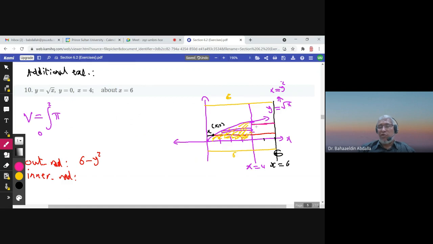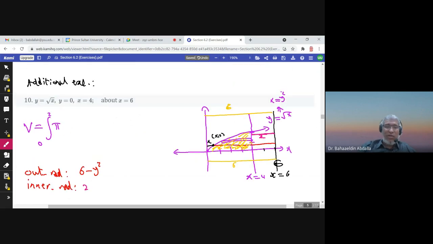We will get a washer. This is the inner radius. Well, it is easy because this is 6 and this is 4 and this is a vertical line. So the inner radius is always 2. It is fixed. It's not a curve that's changing like the square root of x here. So the inner radius is 2 and the outer radius is 6 minus y squared.